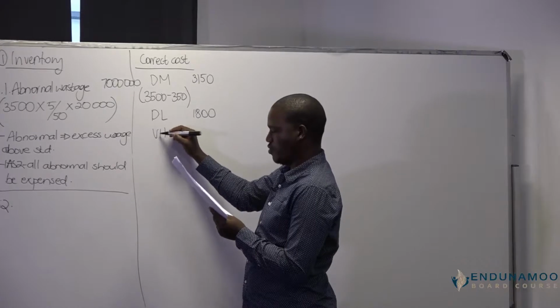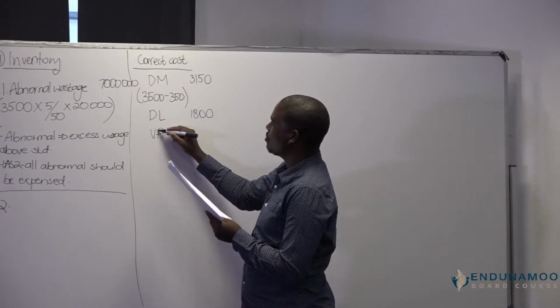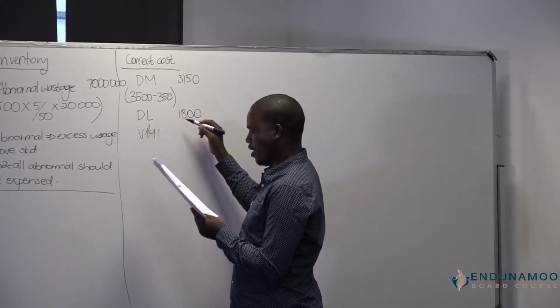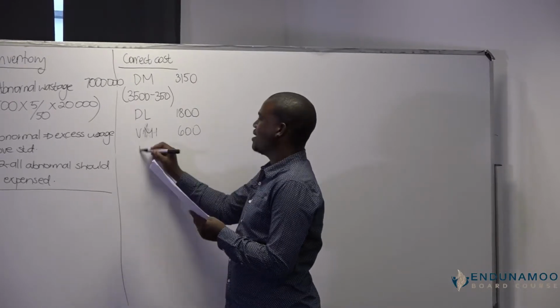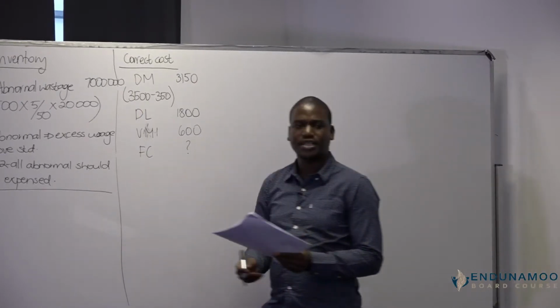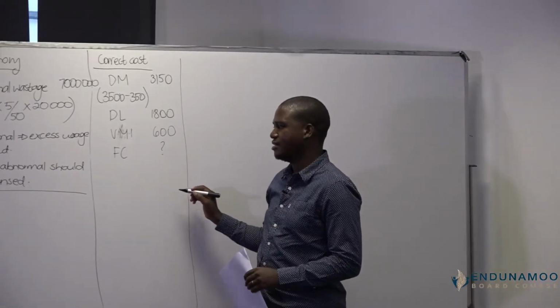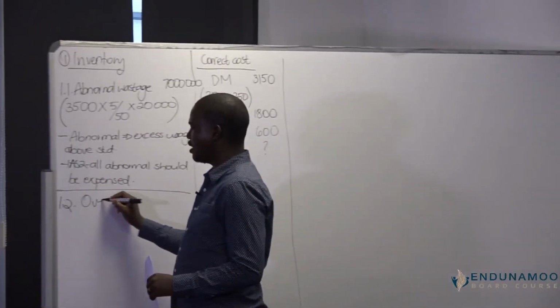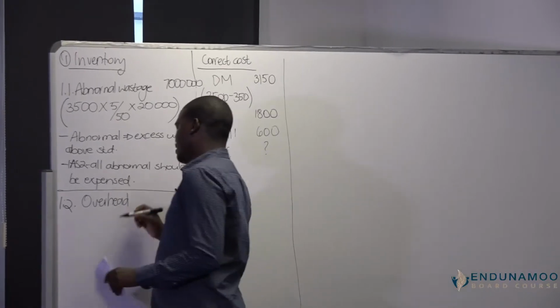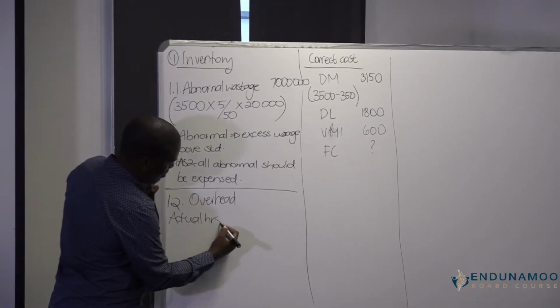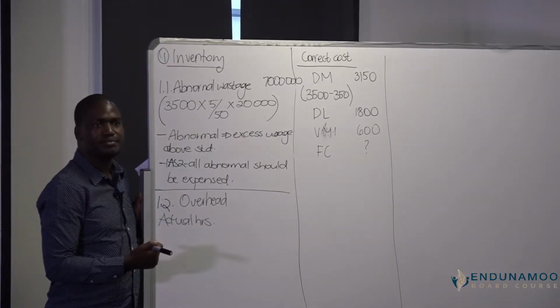The variable manufacturing cost is 600. And the fixed cost, do you agree with the fixed cost? That is the question. Before you agree, you need to know what the actual hours were.